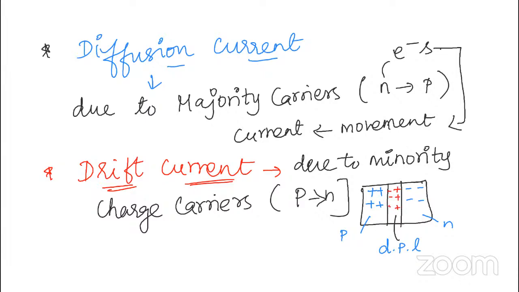So for drift current, N to P, here it is diffusion and here it is drift. Movement of the majority carriers is the diffusion current, and P to N is the drift current. Now it is clear. When going from N to P we call it diffusion, and when going from P to N it is the drift current.